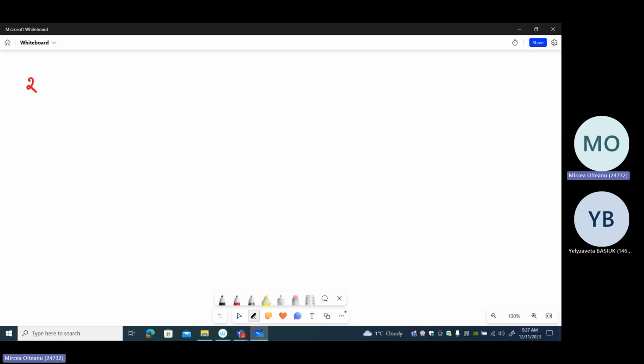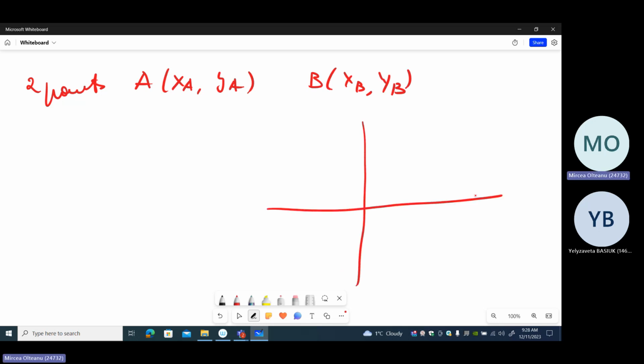When we know 2 points, we know the point A of coordinates x A, y A, and B of x B, y B. So we know the coordinates of 2 points in the plane. Here it's A, here it's B. Suppose the coordinates of these 2 points are given.